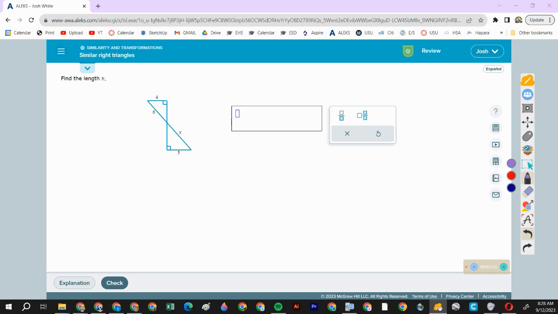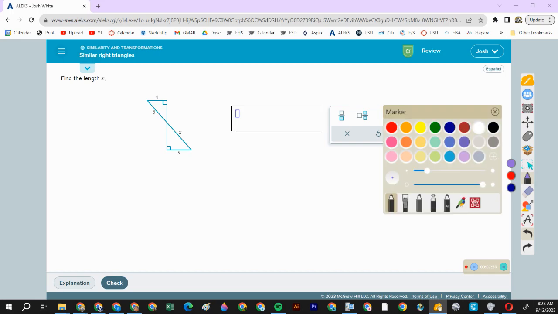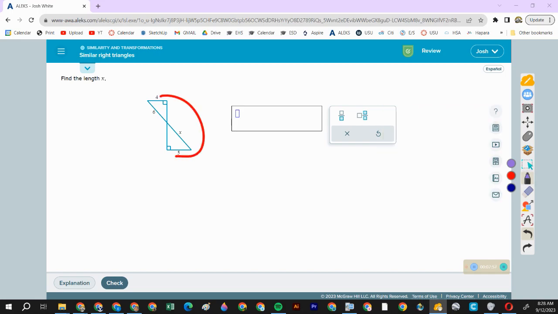The other way you could do this is say 5 divided by 4 is 1.25. So 6 times 1.25 must be x. But the problems do get a little bit more complicated than that, so setting up a proportion and then cross multiplying is probably a better idea.